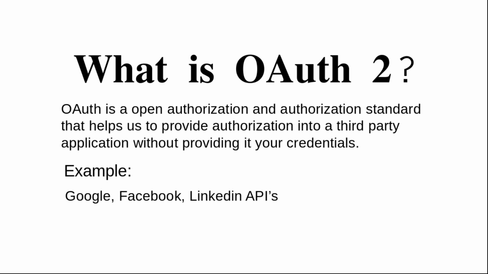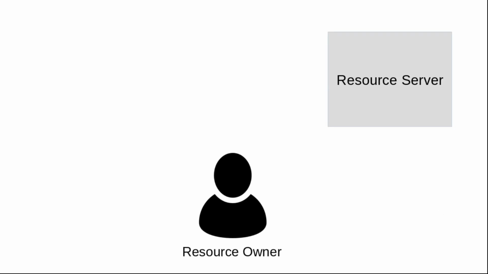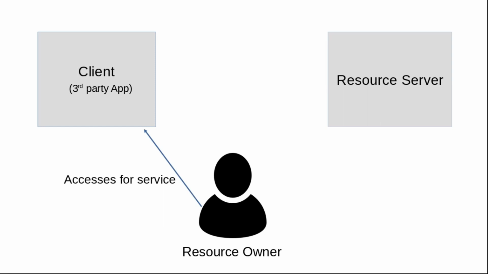Let me show you an example of how it works behind the scenes. I will just explain a basic workflow. I will not dive deep into this. Let's say we have a resource server and a user has some data on this resource server, and next we have a client app, the third-party app, and this user is using some services in this client app.